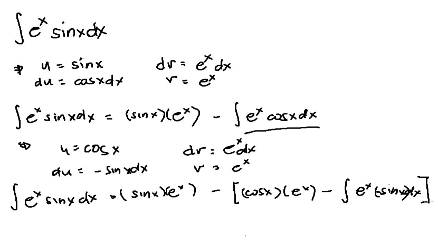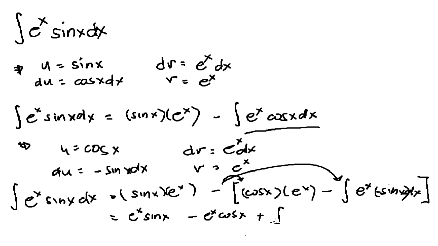So simplifying this, we have e to the x sine x minus, let's distribute the negative sign, negative e to the x cosine x, then negative times negative, we have positive the integral of e to the x.